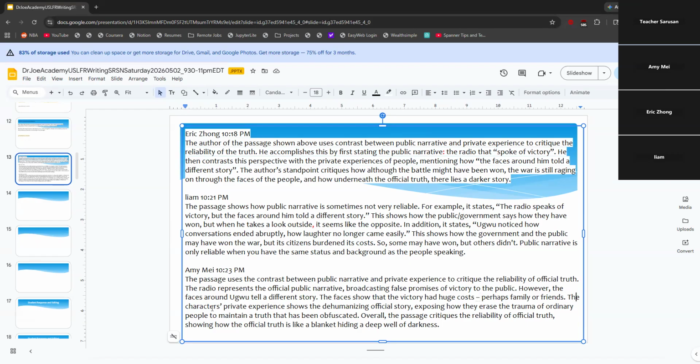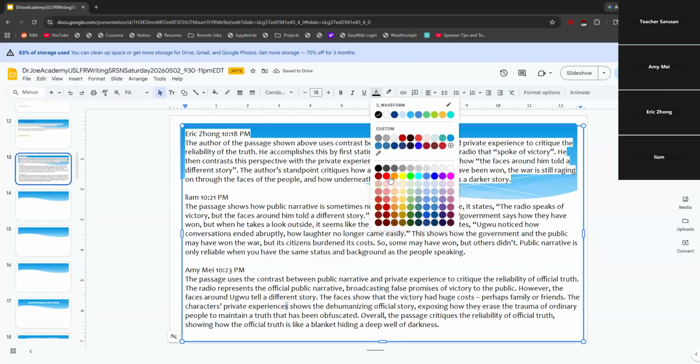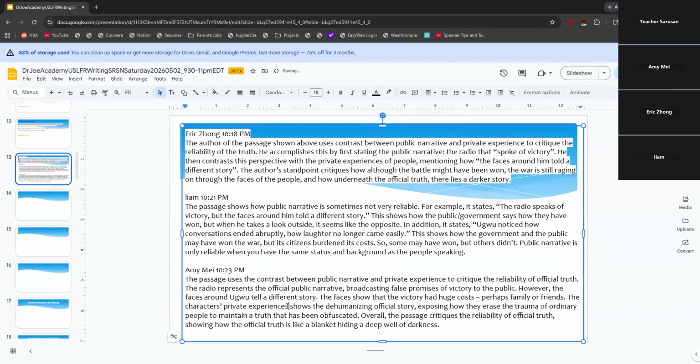The character's private experience. Since you're doing multiple characters, you put the S before the apostrophe. That means we're going to need multiple experiences. The character's private experiences show the dehumanizing official story, exposing how they erase the trauma of ordinary people to maintain a truth that has been obfuscated.